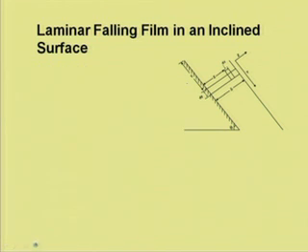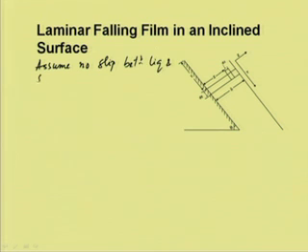Now, if we assume no slip condition between the liquid and surface, then V y would be 0 at z equal to 0.